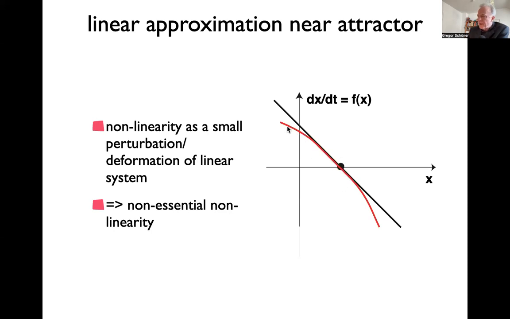I drew this red line by hand, so it's a little bit uneven. That's supposed to be a nonlinear dynamical system. It's not a straight line, but you can see that it isn't really very different from its linear approximation. The linear approximation was done here such that it is tangential and has the same fixed point. So it goes through the same curve here as the red.